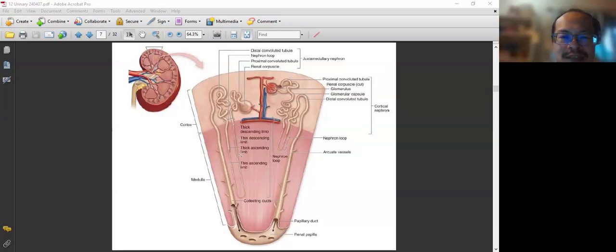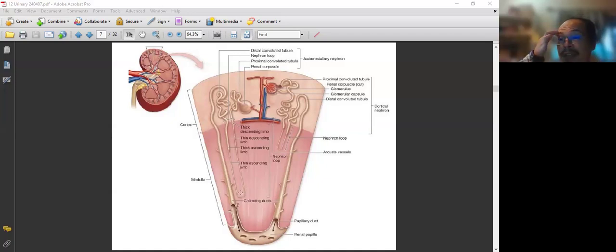The descending limb is still water permeable, even though it gradually drops. But the ascending limb right here is totally water impermeable. So you have a lot of water reabsorbed, then you gradually lose that reabsorption, so we don't dilute out this environment. So that's one thing: water becomes less permeable and becomes totally impermeable in the ascending limb of the loop of Henle.